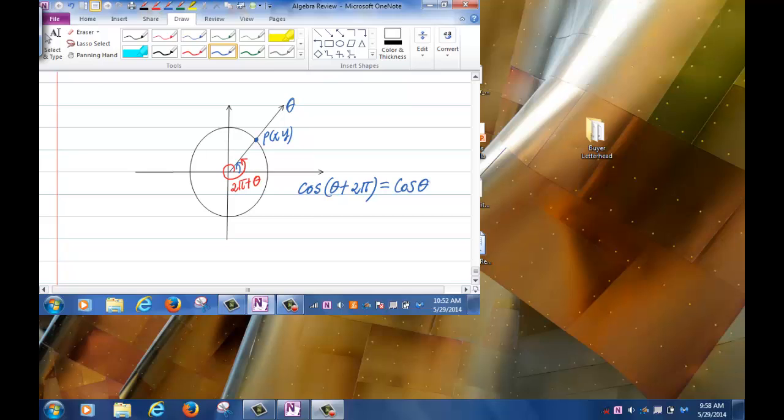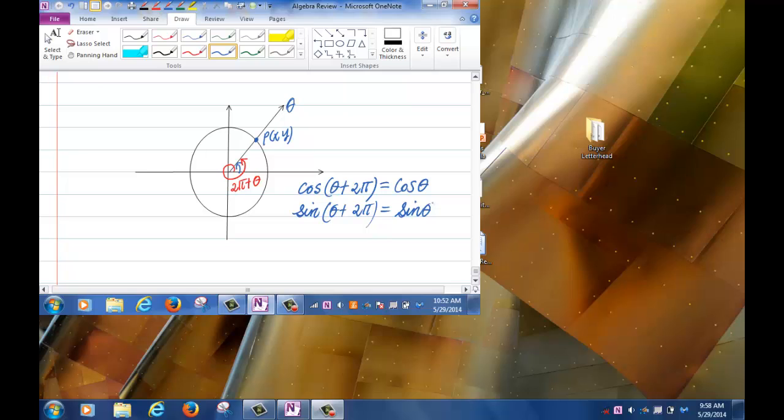Because they have the same terminal sides. Same way, sine of theta plus 2 pi would be sine theta, right? You guys realize that? Because if I add 2 pi, I'm coming back to the same terminal side, right?